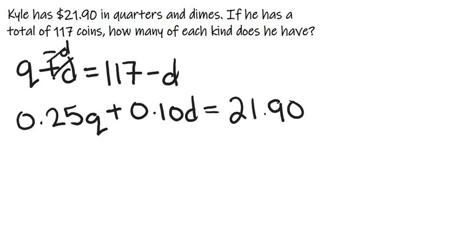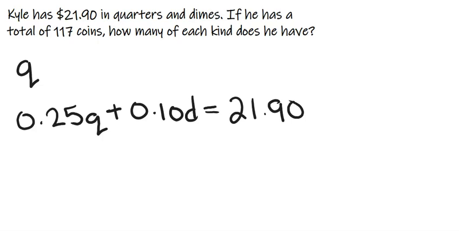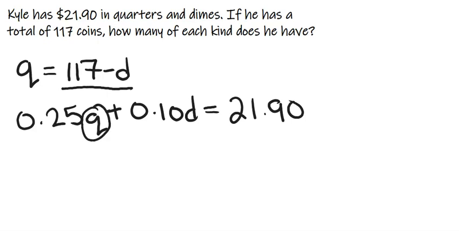And so the first equation will be rewritten as Q is equal to 117 minus D. Now let's go ahead and plug this value of Q in the second equation.